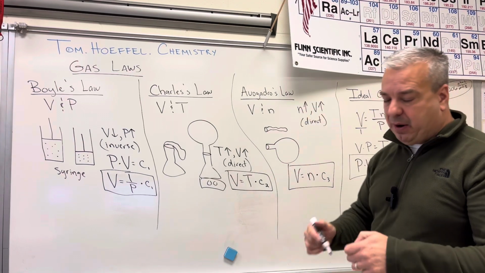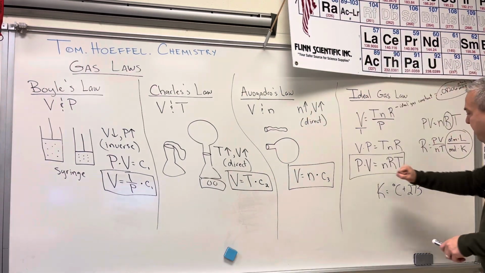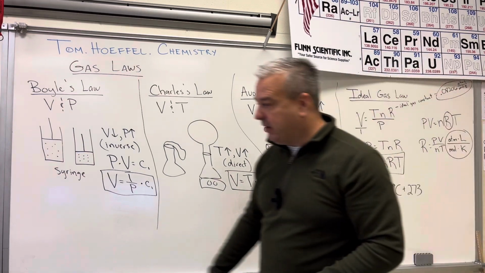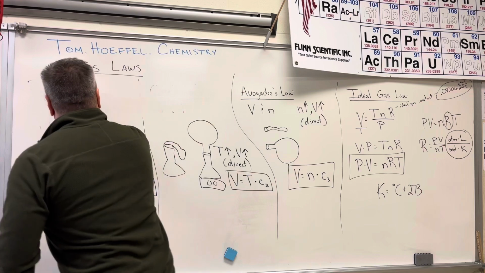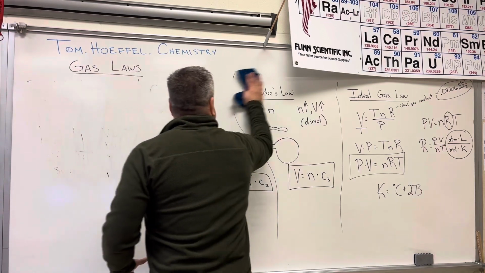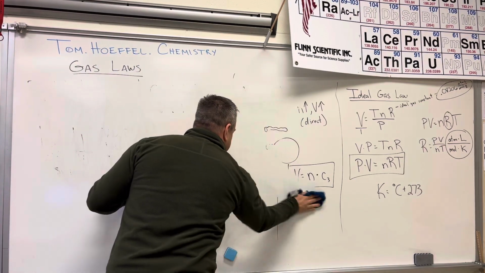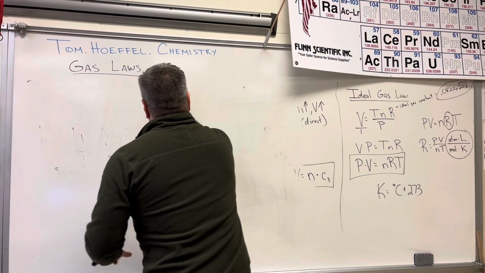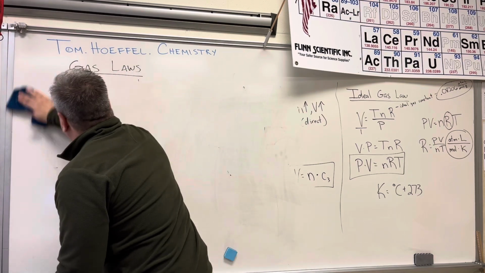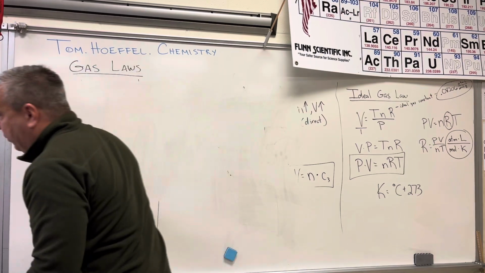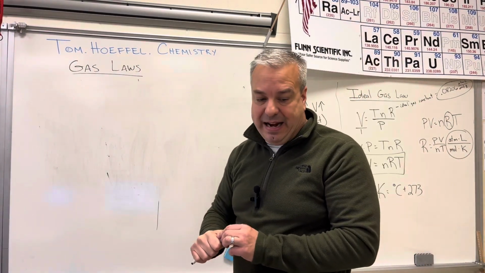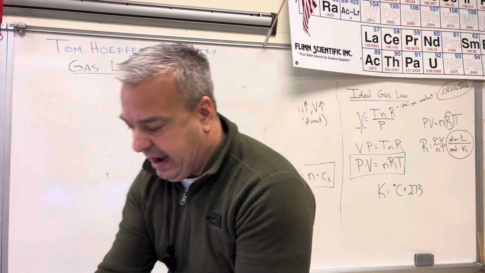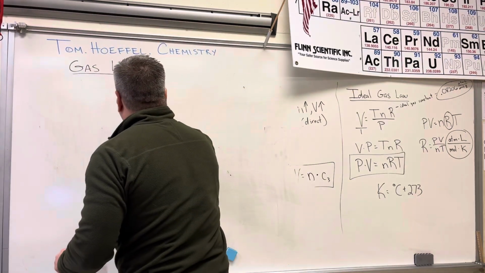But let's get into the problem where we actually use PV equals nRT. So let me do some erasing on the board. And let's say I have this container that has certain values.